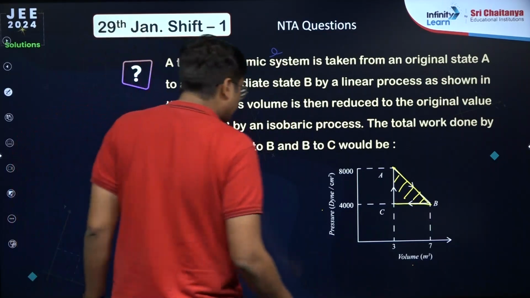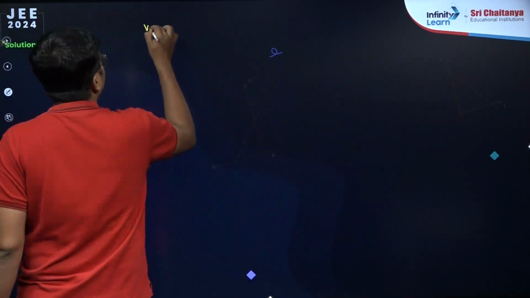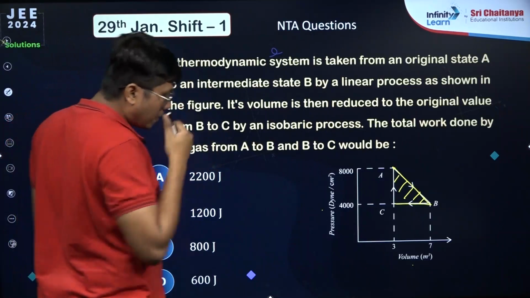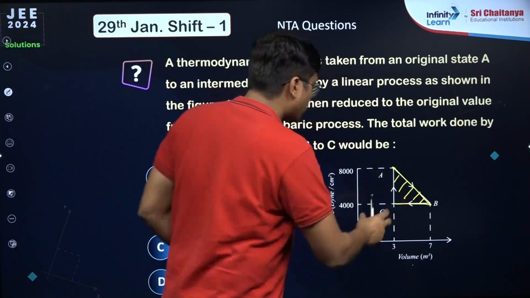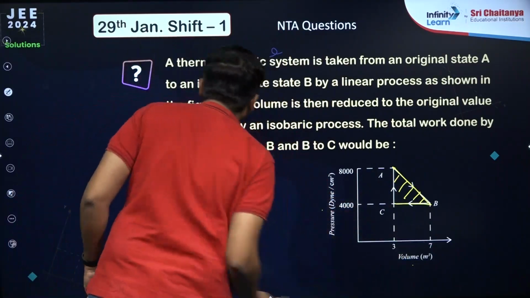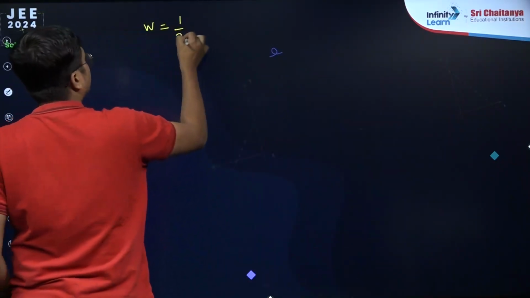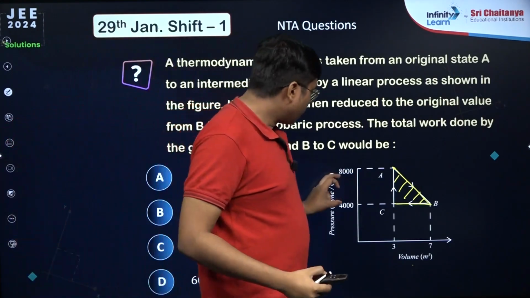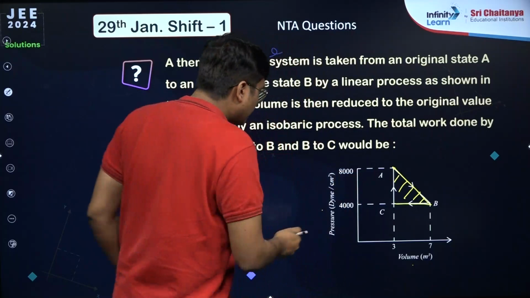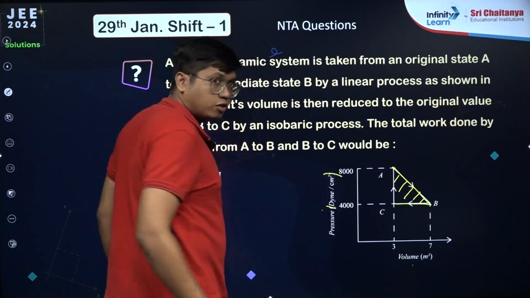So the work done, W is equal to half into base into height. So half into base is 4 units, 4 meter cube, multiplied with the height is 4000 to 8000, but the unit is dyne per centimeter square.